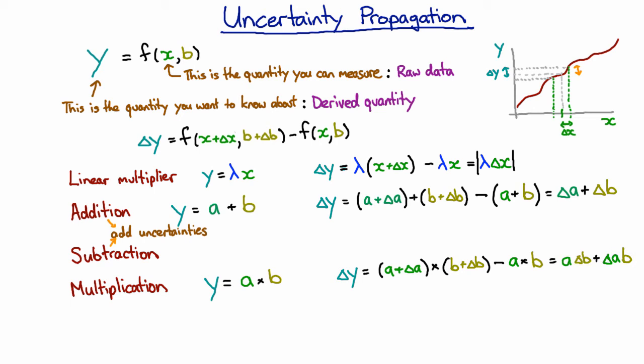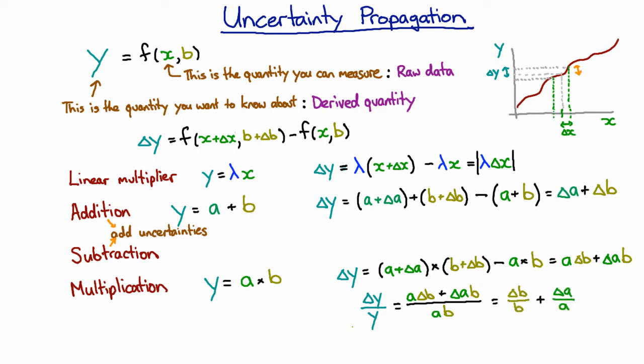And a good way to remember that is to divide both sides by y. So if we have our error in y divided by y, that's going to be what we just worked out, divided by our definition of y in the first place. And so we've got 2 terms here, and when we have the first term, the a's are going to cancel, and the second term, the b's are going to cancel.